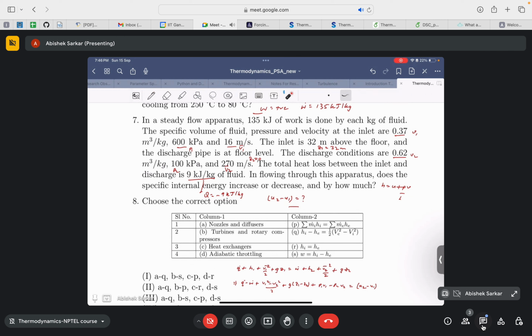So just substitute the values of q dot, w dot, v1 square, v2 square, z1, z2, P1 V1 and P2 V2, and then get the solution. It's quite simple, just simple substitutions of the given values, then you will get U2 minus U1.